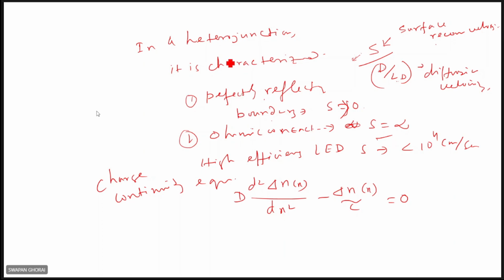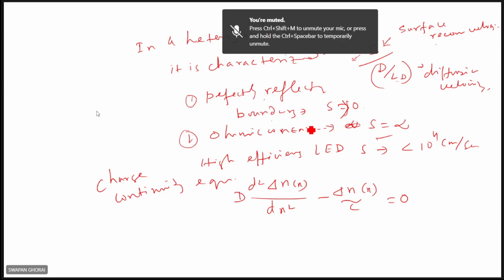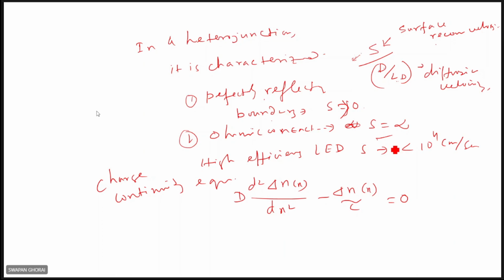Generally, for any heterojunction, S is in between, from 10 to the power 2 to less than 10 to the power 4 centimeter per second. That is for typical heterojunctions.